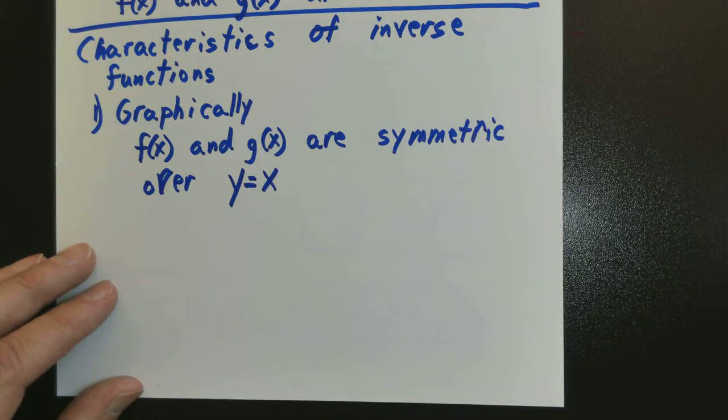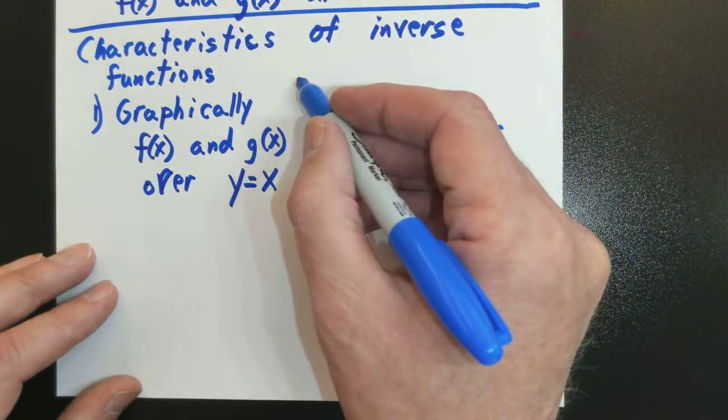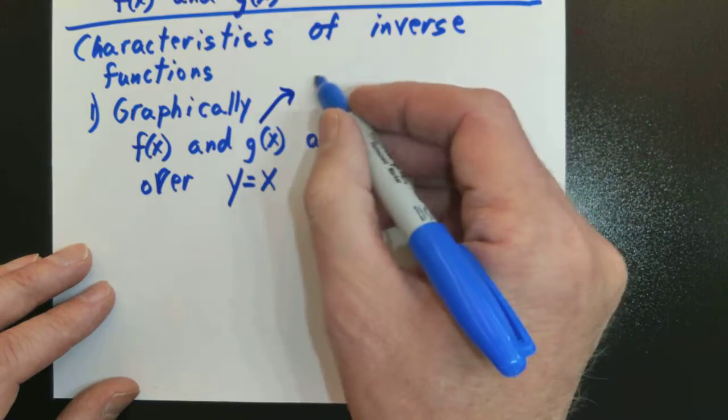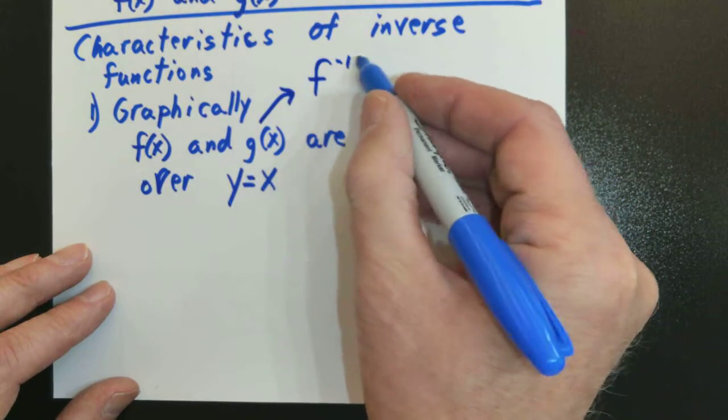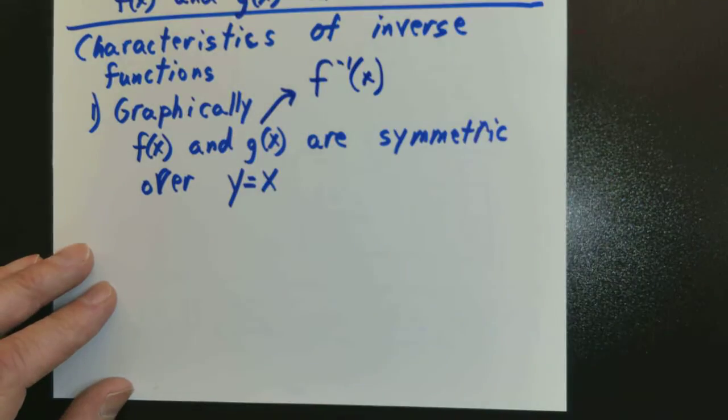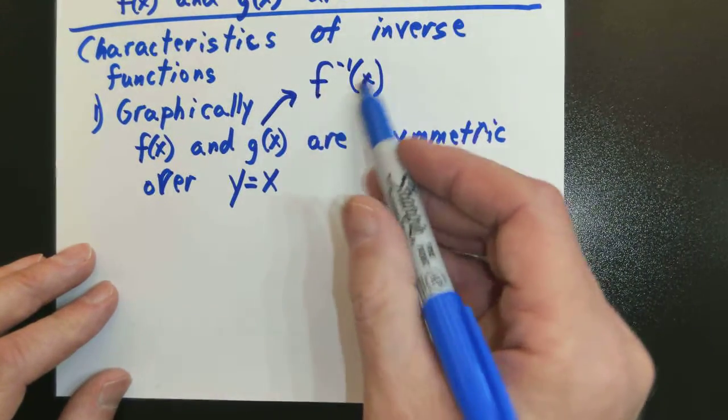Now, I'm going to quit using g of x. If they are inverses, I'm going to change the notation. This is the inverse of f of x.